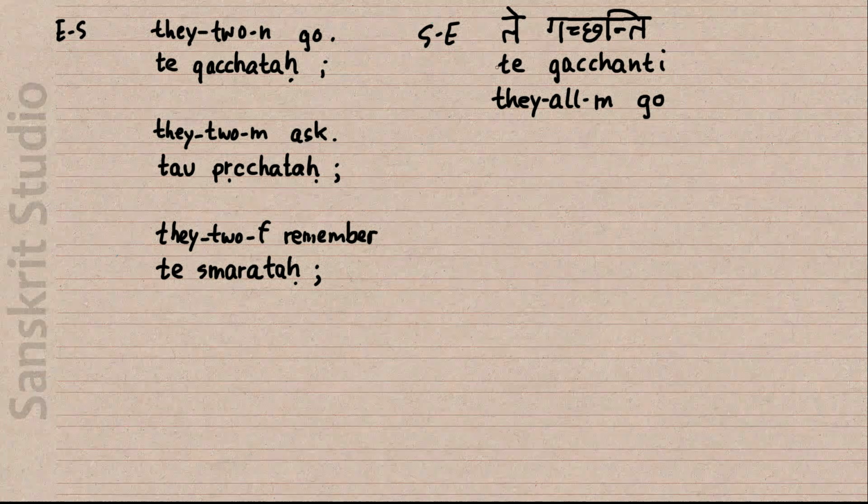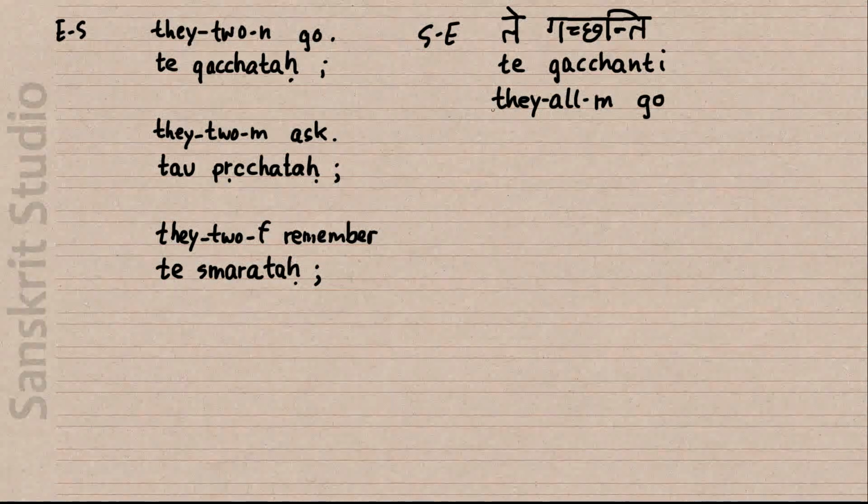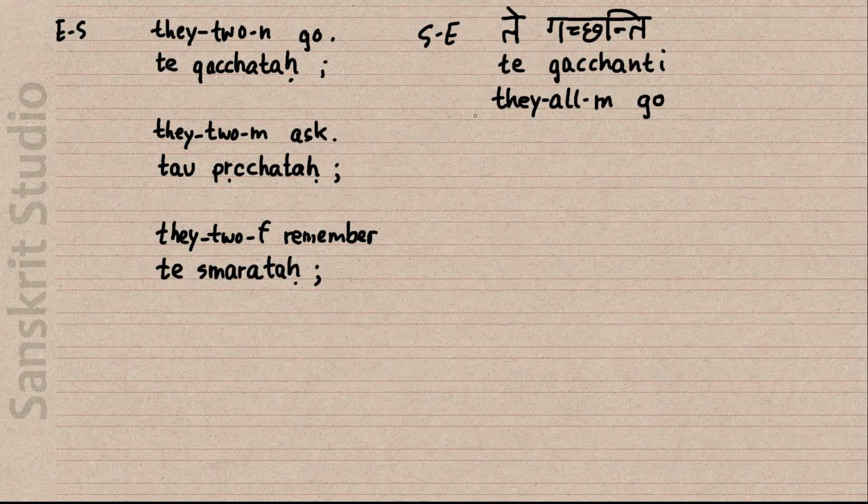So that we separate, so we know what we're doing here. So te can be either masculine or feminine or neuter, depending. If it's masculine, it is plural, but if it's neuter or feminine, then it is a dual.